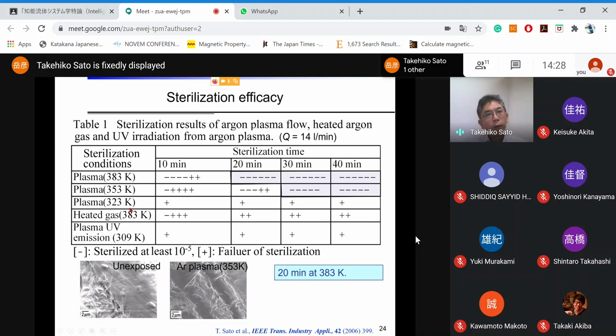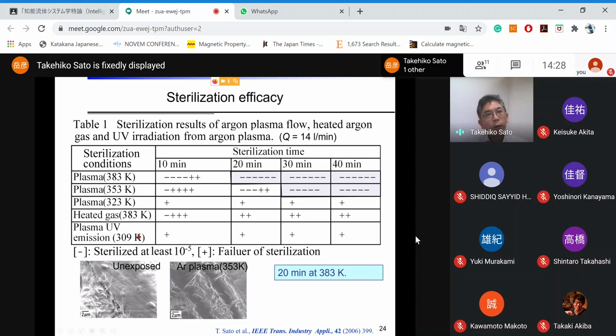And if we keep the temperature at 50 degrees Celsius, in this case we couldn't get the sterilization. And also with heated gas at 110 degrees Celsius, we couldn't get the sterilization.